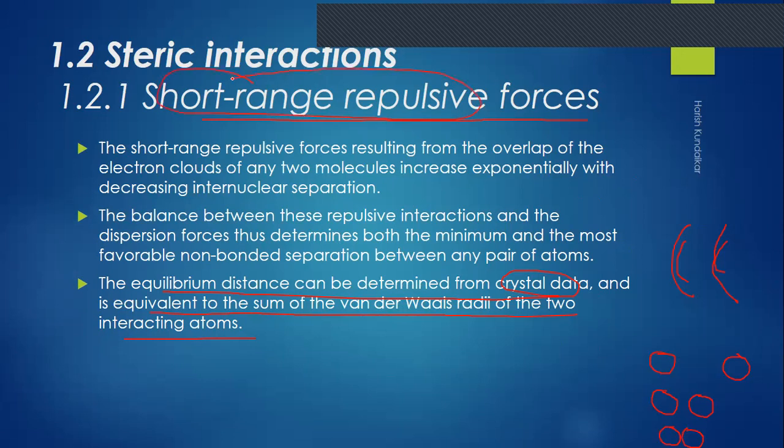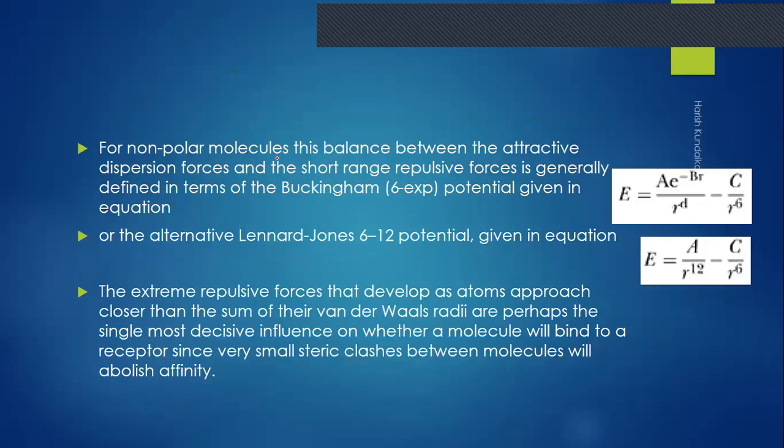Then for non-polar molecules, this balance between the attractive dispersion forces and the short range repulsive forces is generally defined in terms of the Buckingham 6 exponential equation, which is written over here. And then there is another equation which is called the Lennard-Jones 6-12 potential.